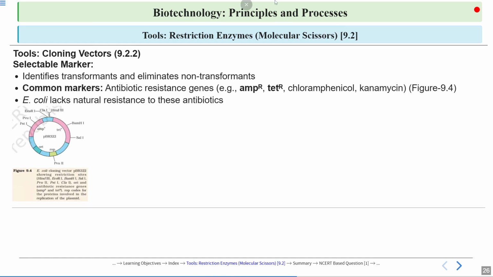The same picture I have already shown: this region is for tetracycline resistance and this region is for ampicillin resistance. I have told you what selectable markers are; they help to identify the transformants, and E. coli lacks natural resistance to these antibiotics.